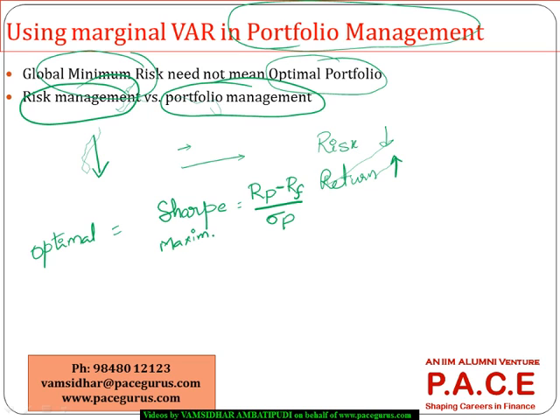That is what we called the optimal portfolio, which means in this context now, probably I could have even done RP minus RF divided by the VAR of the portfolio, because this is nothing but standard deviation multiplied by 2.33 multiplied by the amount invested.